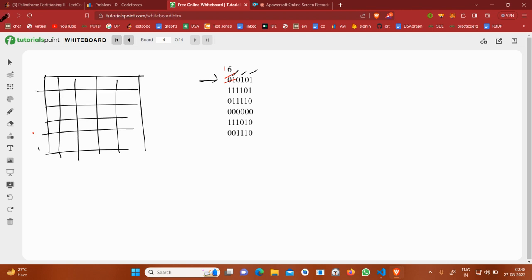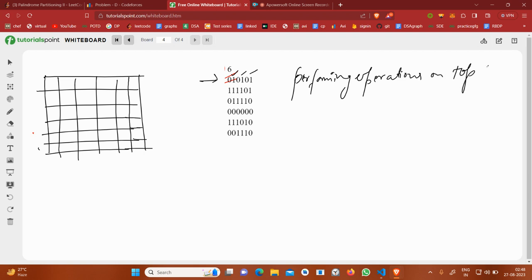One thing you should be able to observe till now is that if I am inverting the upper rows, I am performing operations on the top rows, which would affect the lower rows also.